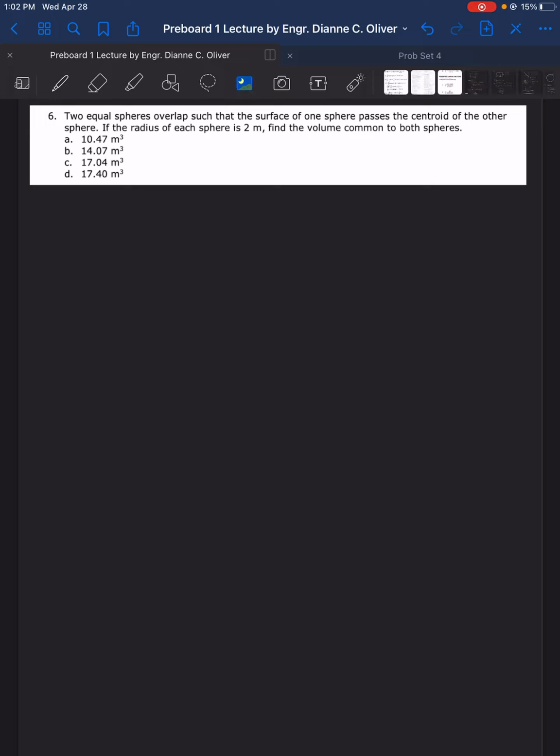So, two spheres overlap, and the surface of one passes the centroid of the other. So here we go. Two spheres, equal diameter. Then let's have the centroid here, centroid here.